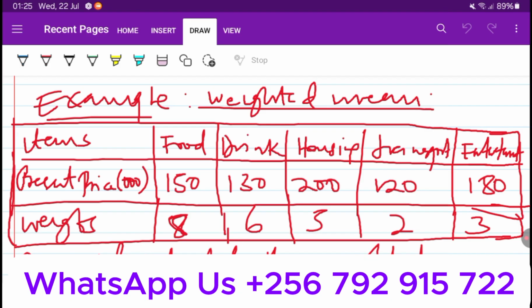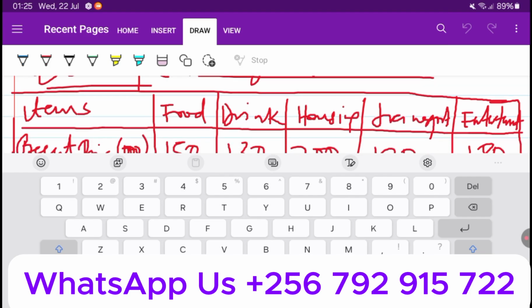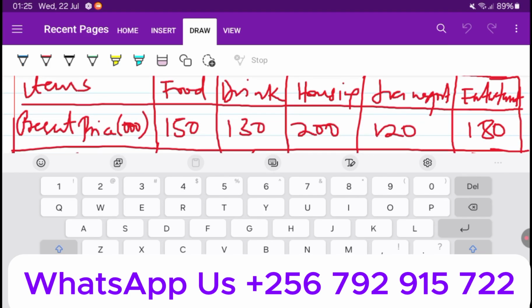We add the transport, 120 times 2. Then finally entertainment, 180 times 3. We add the products of those different items, then we divide by the total weights. Total weights, we are going to add 8 plus 6 plus 5 plus 2 plus 3. That will be the total weights.